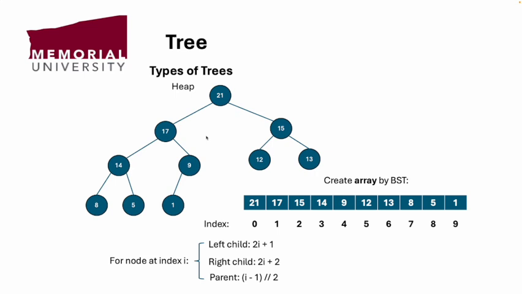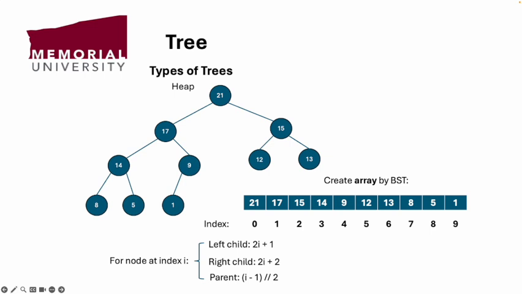Make sense? No? Let's have an example here. Take index 4. Find the parent: 4 minus 1 is 3, divided by 2 is 1, so index 1, which is 17. Okay? Let's calculate the left child.